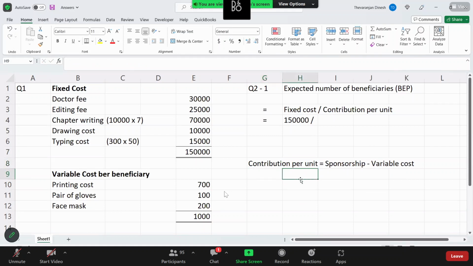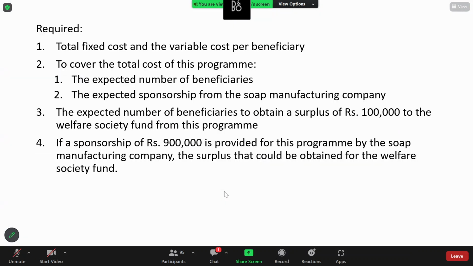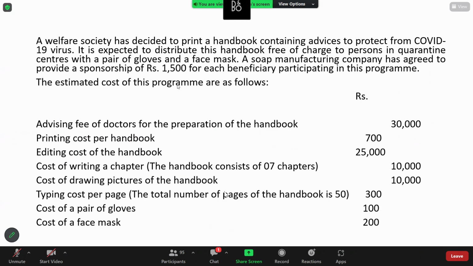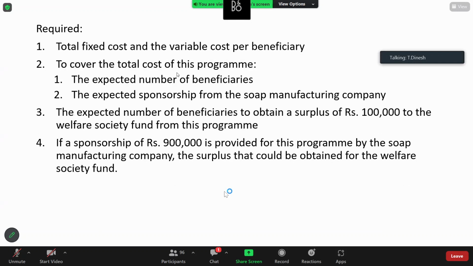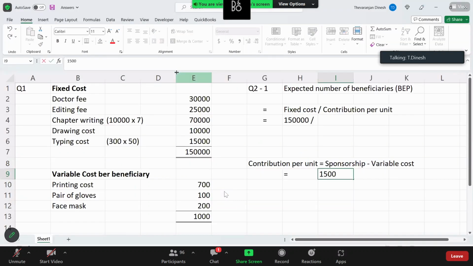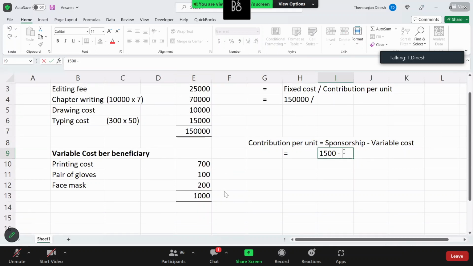The sponsorship money for each person, they are ready to give 1,500. So they are paying 1,500 for each beneficiary. So sponsorship fund 1,500 minus variable cost, which we calculated as 1,000 rupees. So our contribution per unit is 500 rupees.